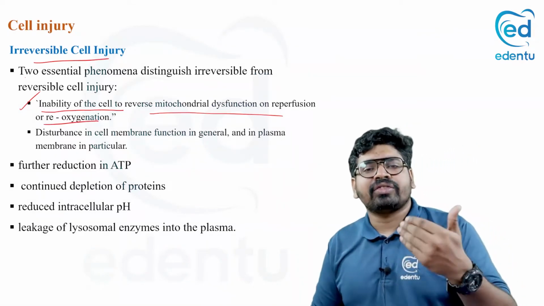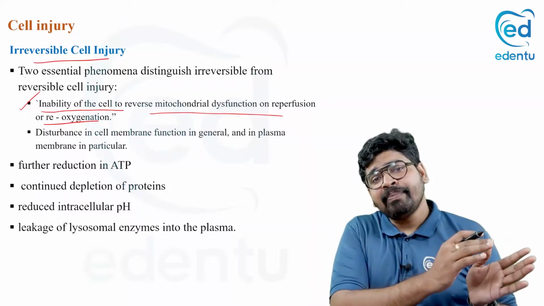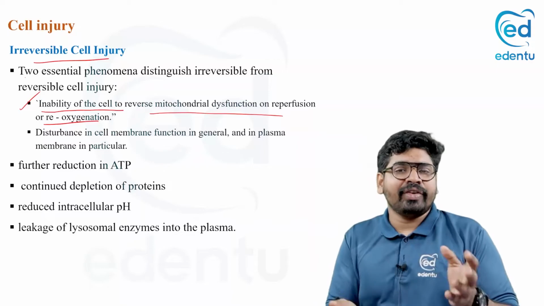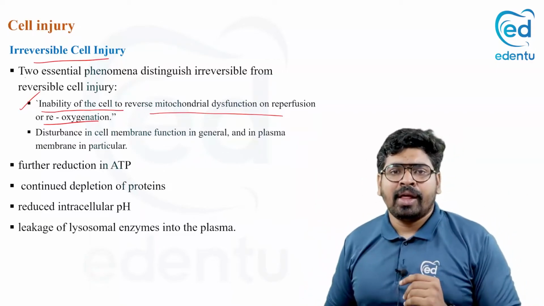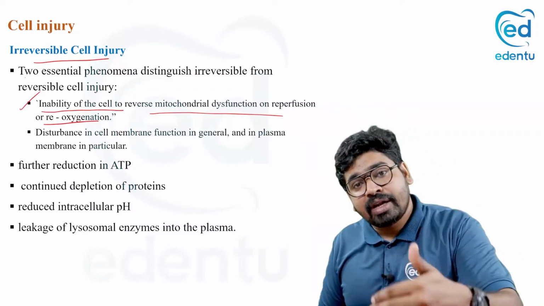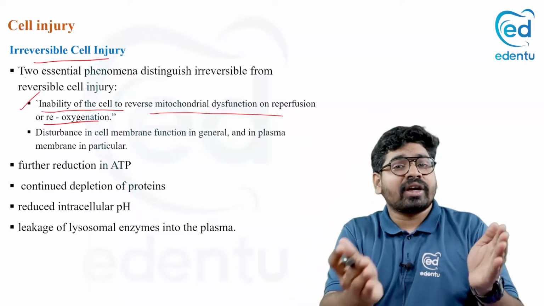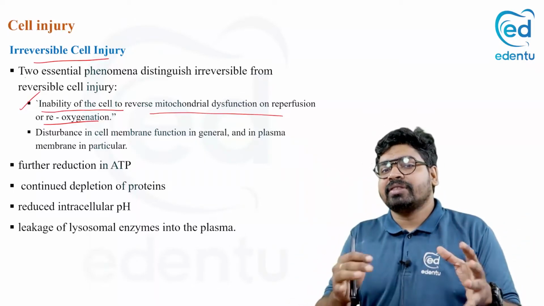Because of hypoxia, reversible cell injury occurs. If you give oxygen, the reversible cell injury can convert to the normal cell. But what is irreversible cell injury? Even after we give more and more oxygen, these cells cannot come back to the normal state. It is already in an irreversible cell injury state.